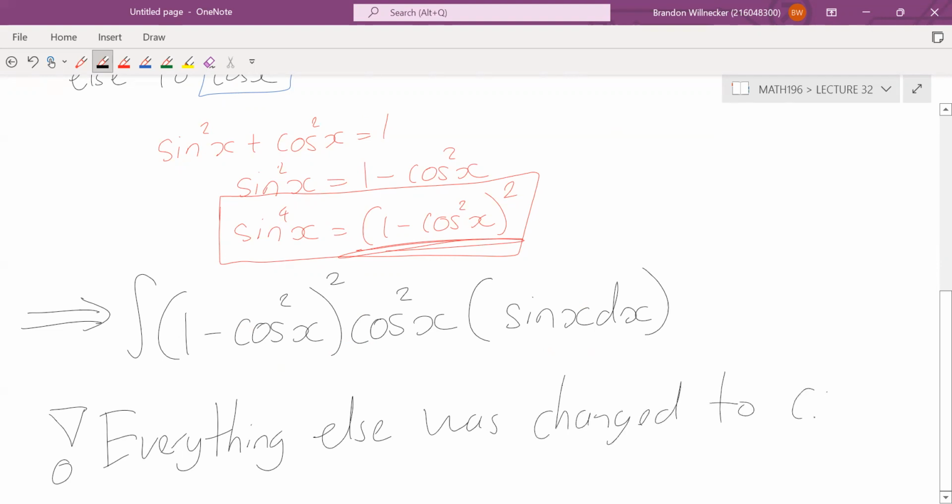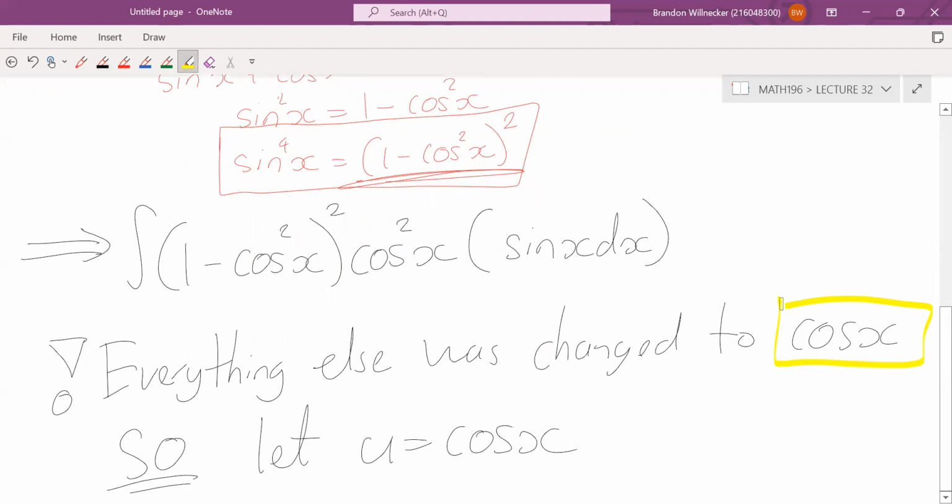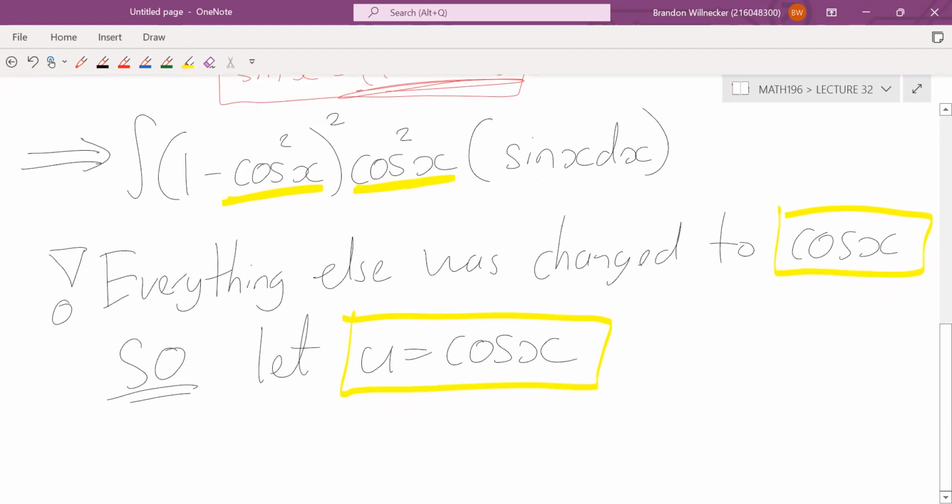Okay, so everything else was changed to cos x. So let u be equal to cos x. If we made everything cos x, that's exactly what the u substitution needs to be for here and here. Okay, so we do that.